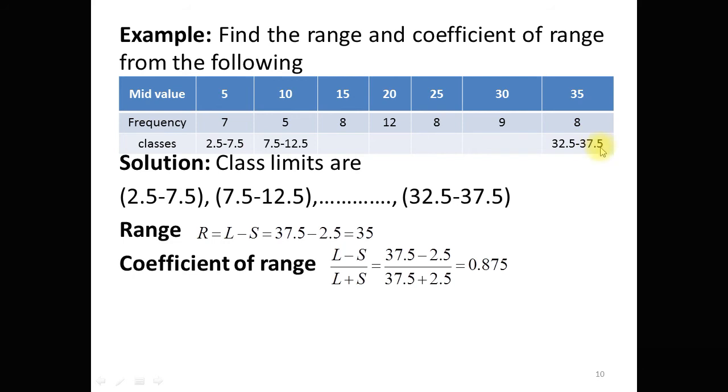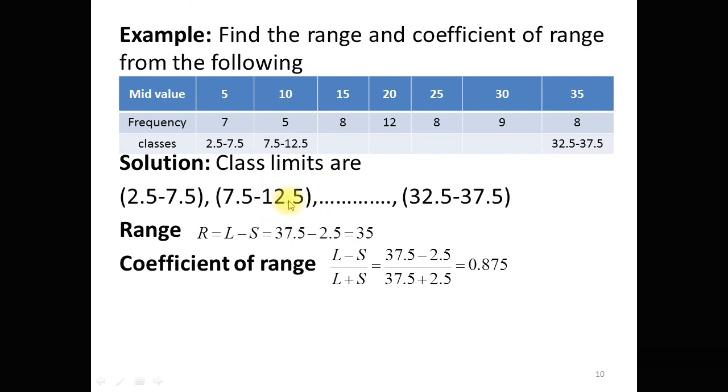So the largest value of this class is 37.5, and this is the highest class, and this is the lowest class. The lowest class is 2.5 to 7.5, so the smallest value of this class is 2.5, and the largest value of the highest class is 37.5.